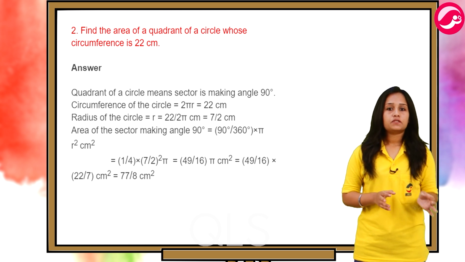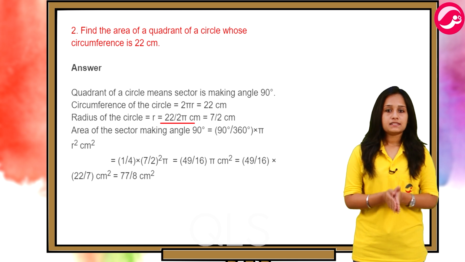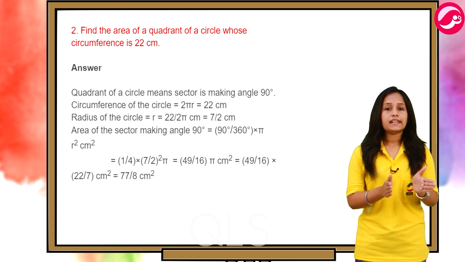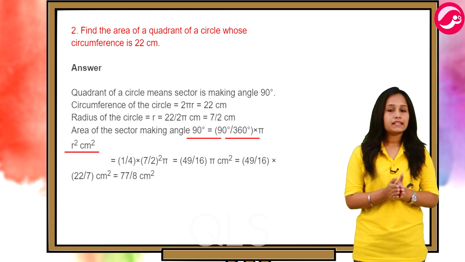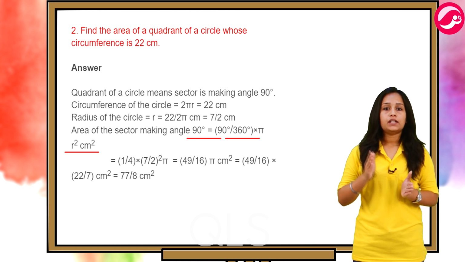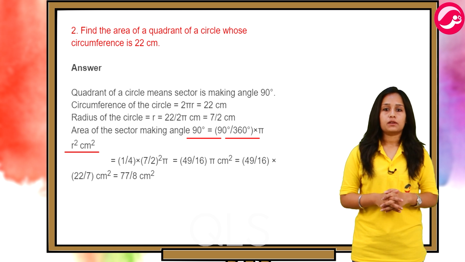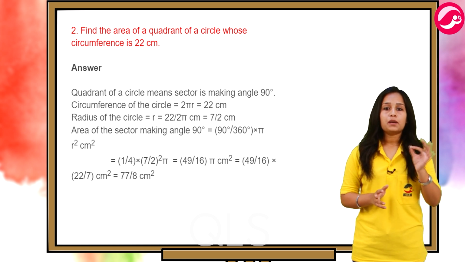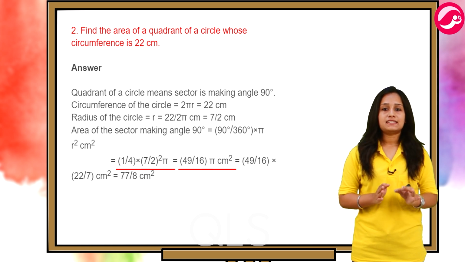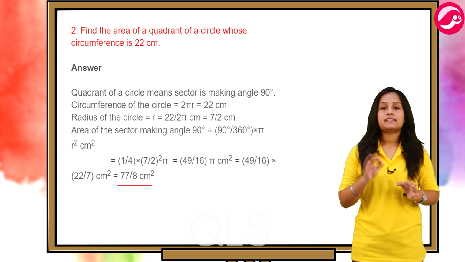Now the radius of the circle, r, is 22 by 2 pi centimeter, that is equal to 7 by 2 centimeters. Now the area of the sector making angle 90 degrees is equal to 90 by 360 into pi into r square centimeter square, that is equal to 1 by 4 into 7 by 2 square into pi, that is 49 by 16 pi centimeter square or 77 by 8 centimeter square.